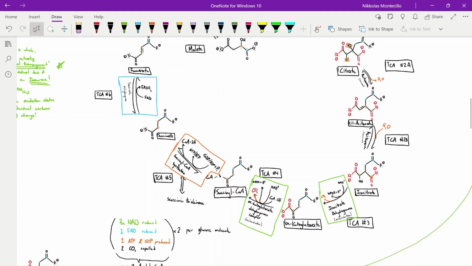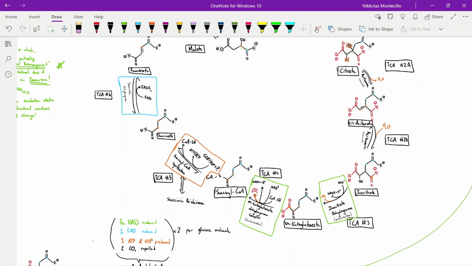So we expect to see a total of 6 NAD carriers reduced, 2 FAD carriers reduced, and 2 ATP, or 2 GTP, produced. Let's keep that in mind as we go through all these reactions.